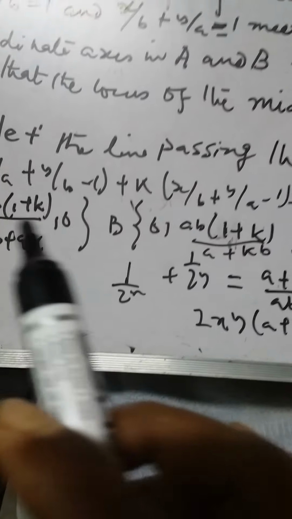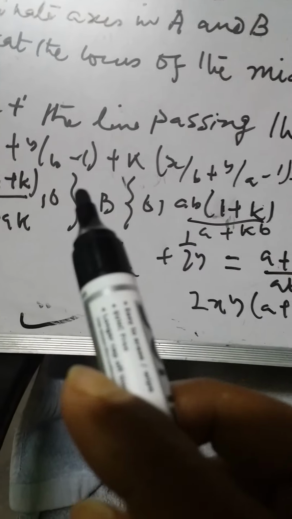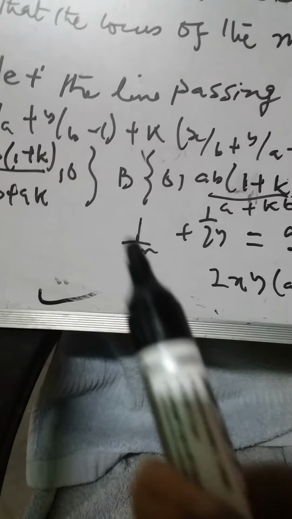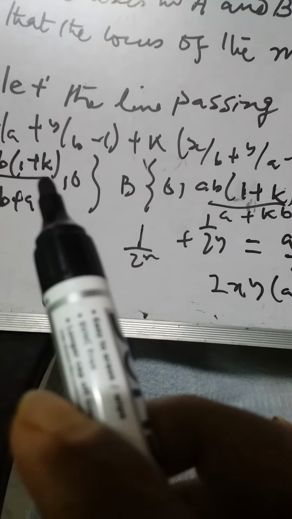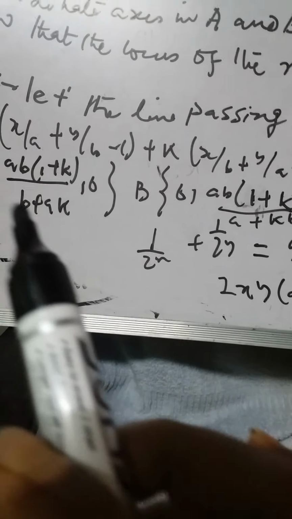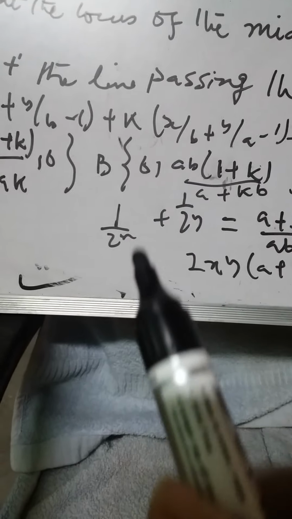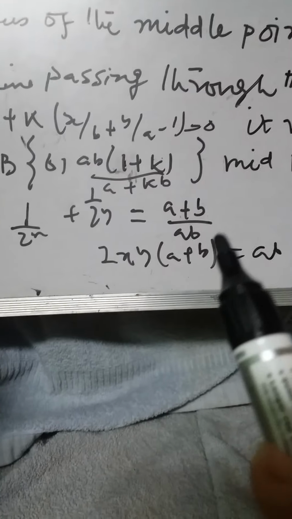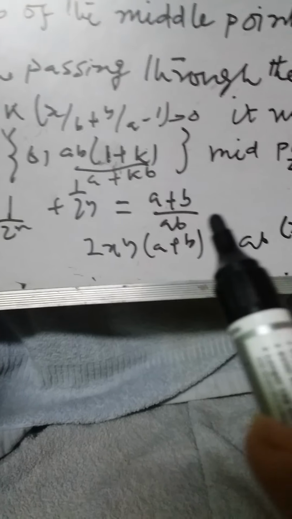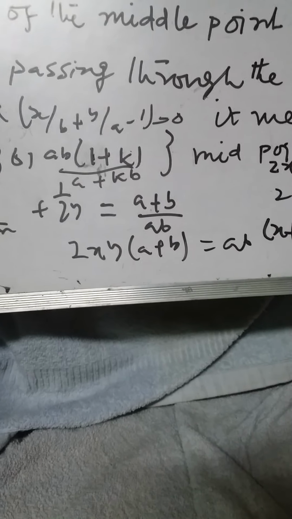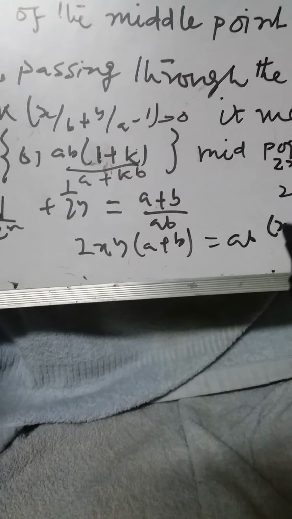Then the midpoint of these we get x equal to half of this, and y equal to half of this.